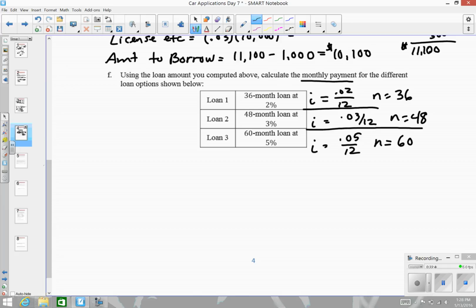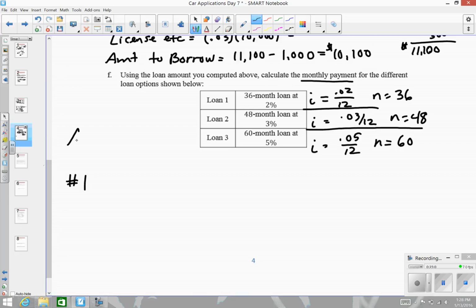So I'm going to go ahead and figure out, if I'm borrowing $10,100, how much each of these loans is going to cost me. So let's go with starting loan number 1. I have $10,100 that I'm borrowing. I'm going to need to use that present value formula because $10,100 is my present value.